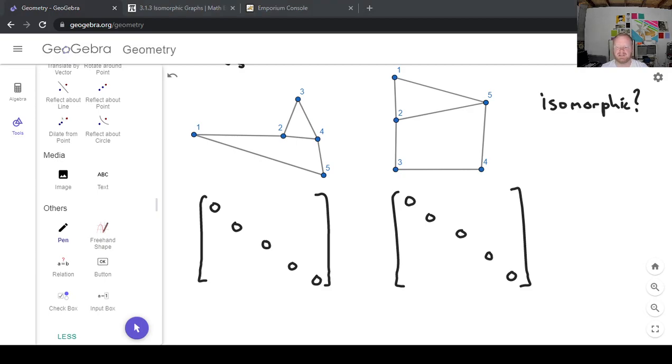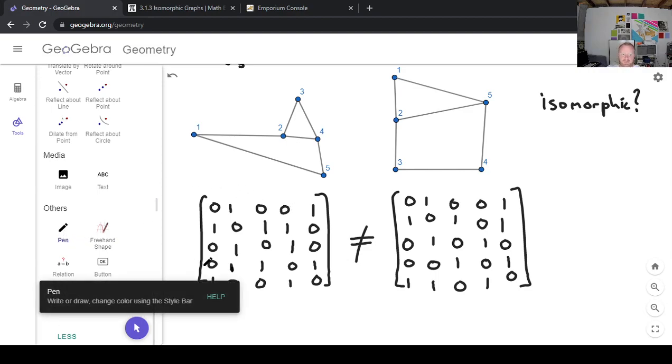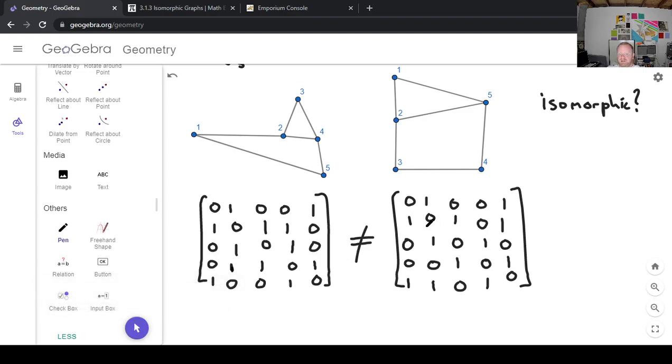I'm actually going to pause this. I'll draw these up and then resume it. Okay, so I've got these adjacency matrices written out, and what we can see from these two adjacency matrices is that they're not the same.